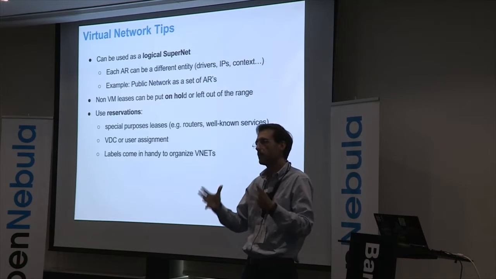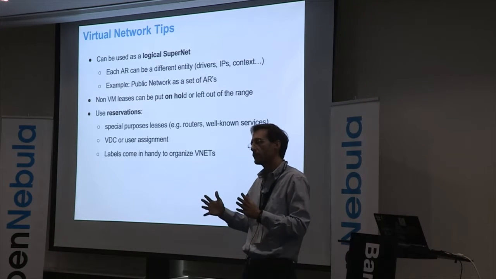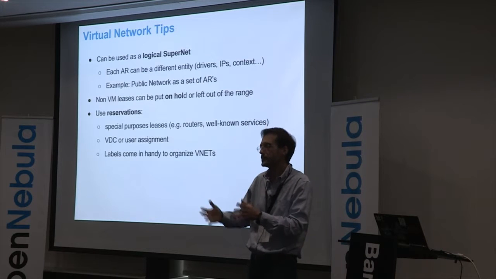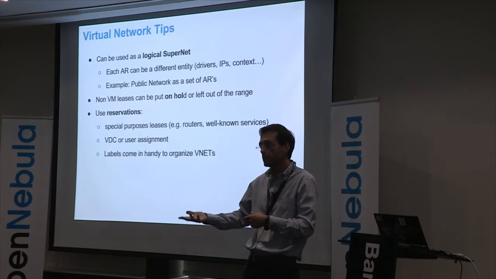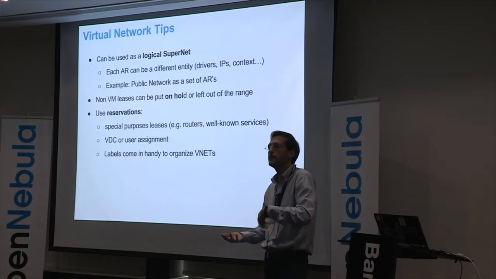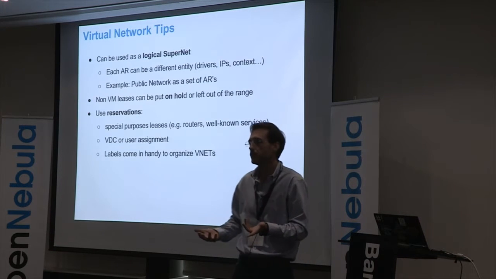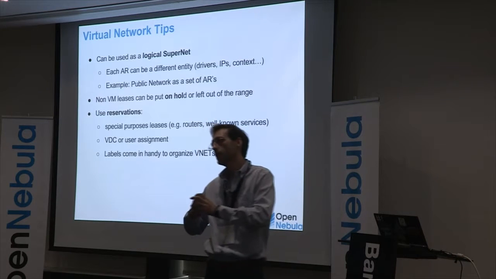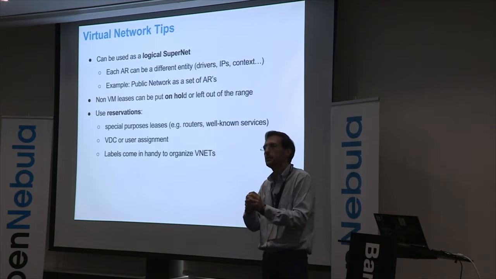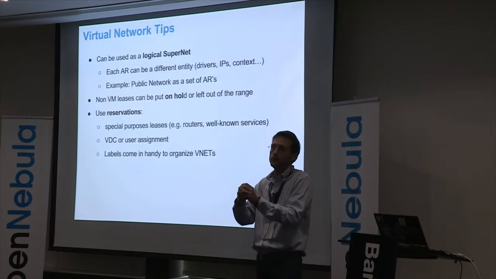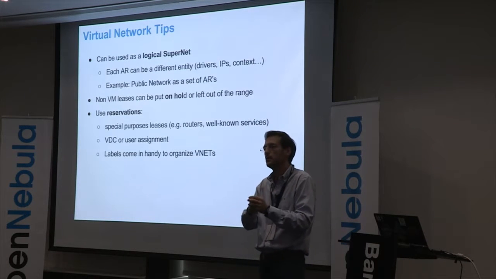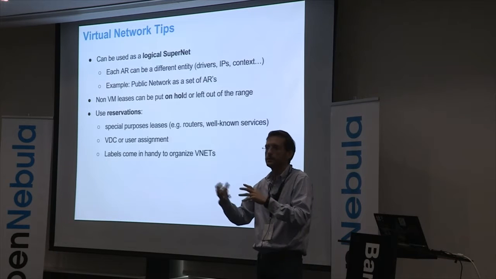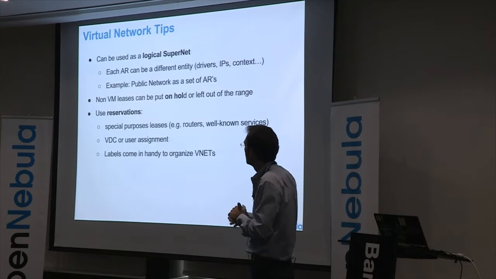This public network can be implemented by different address ranges. Each address range can have a different set of address spaces, can have a different set of configuration attributes, and even they can be implemented in different ways. But you can glue them together to form a logical entity and manage the logical entity together, for example, for access control or for implementation at the cluster, or associate it with one cluster or another, right?